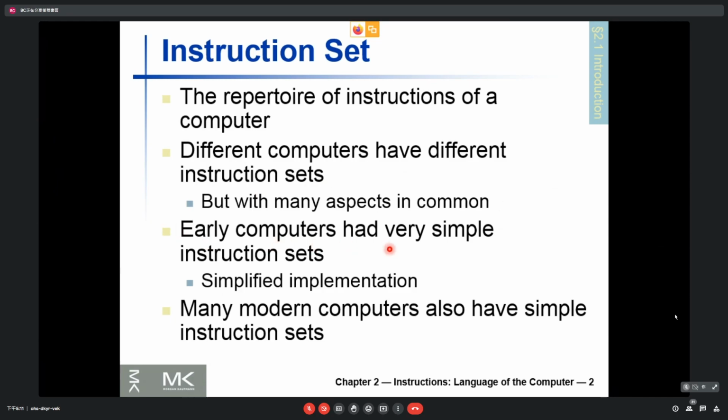Early computers had a very simple instruction set that simplified the implementation.